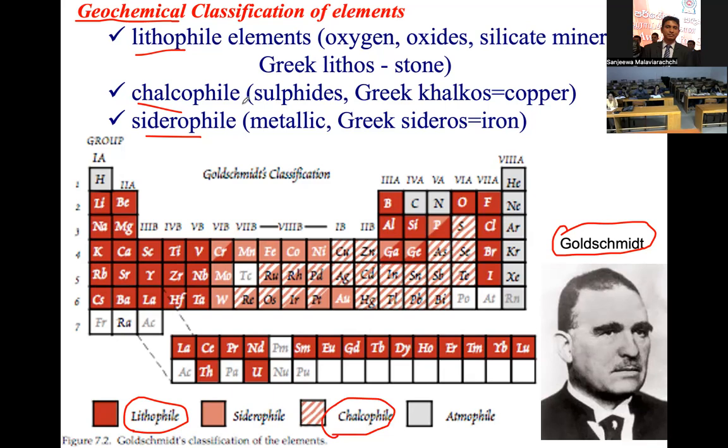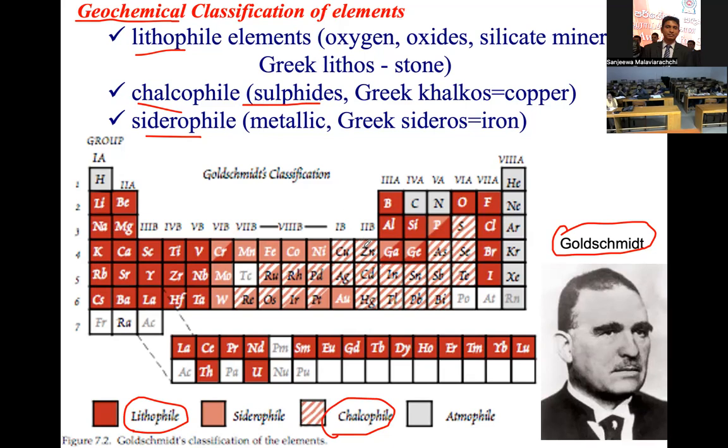Mainly these chalcophiles are concentrated in sulfides, in sulfide minerals. We know that we don't consider sulfides as rock forming minerals. Sulfide is also a mineral, but we don't consider them rock forming minerals. Okay. So in the sulfides, you can find these chalcophile elements, right? To form sulfides, you need basically these chalcophile elements.